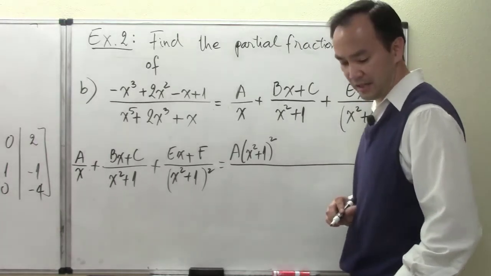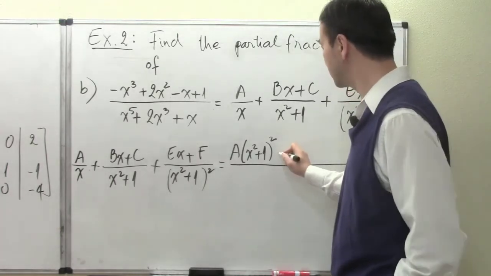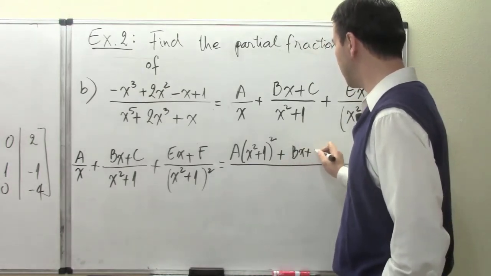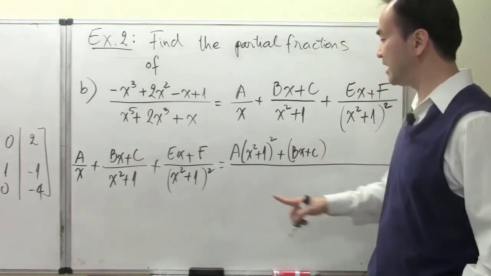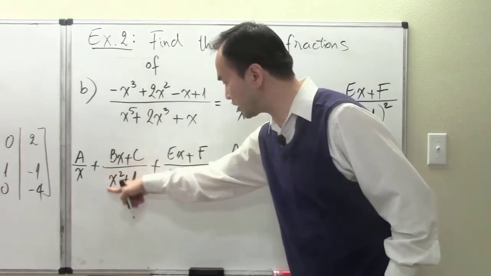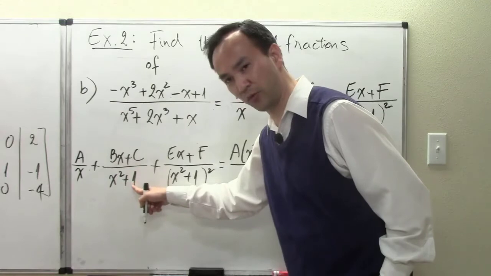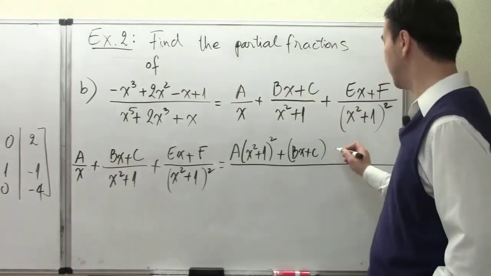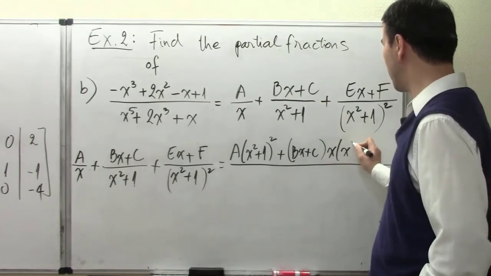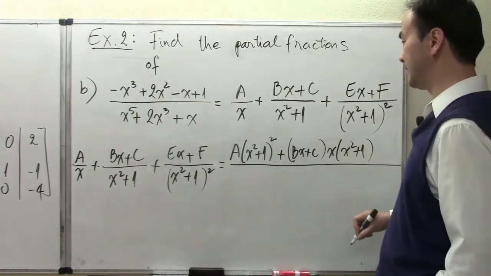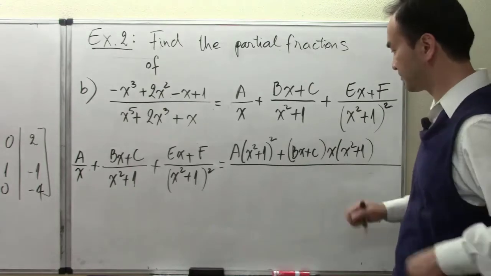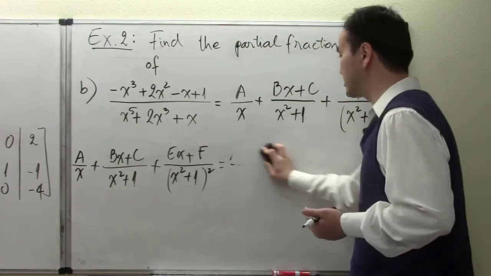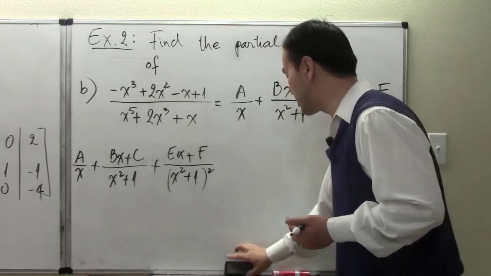Okay, and then for the Bx plus C, it's already on top of the one factor x squared plus 1, so I need one additional one and to multiply that with the other x. So I need to multiply with x and x squared plus 1. Okay, and then the last one here, I'm running a little short on space, so let me erase this and try to write a little narrower.